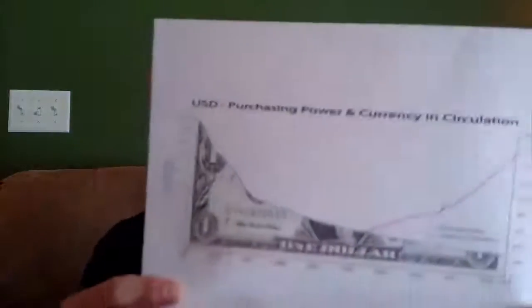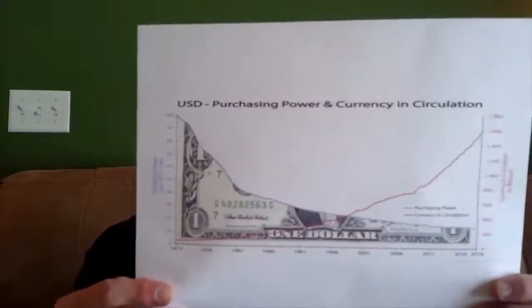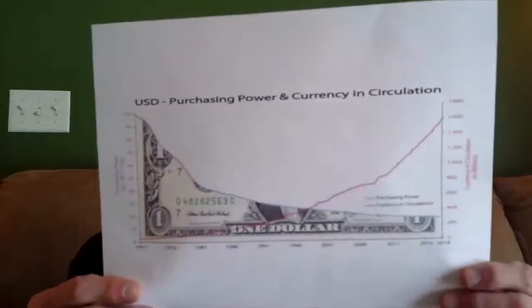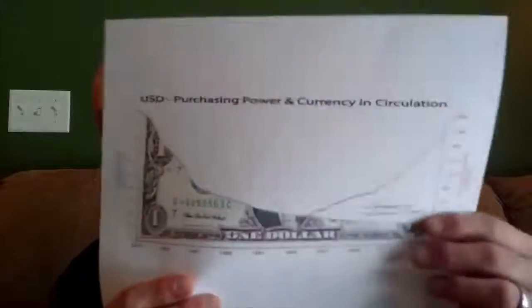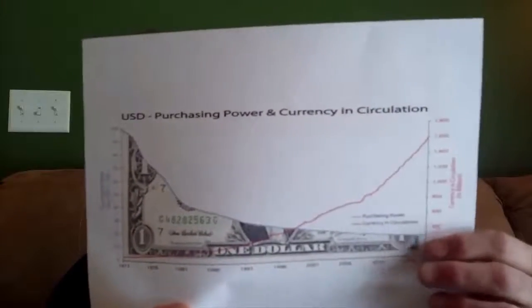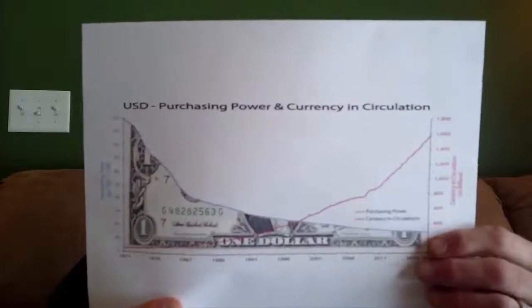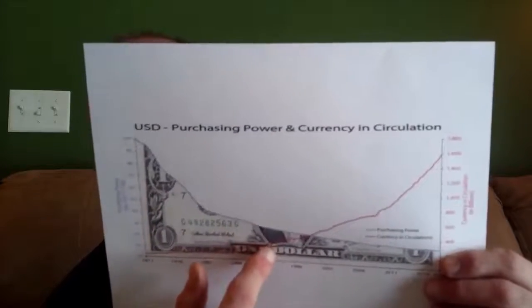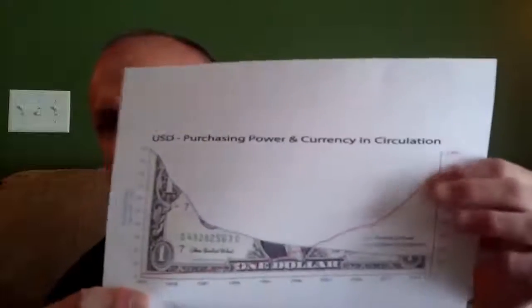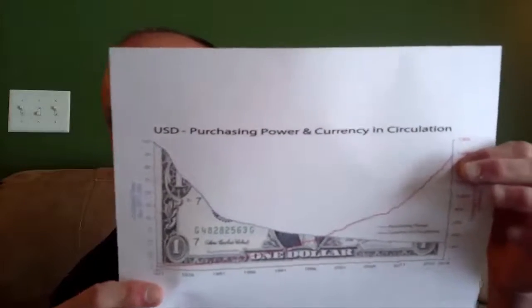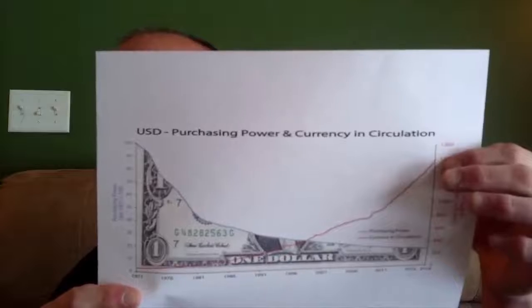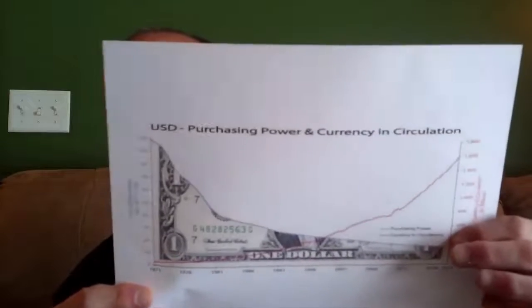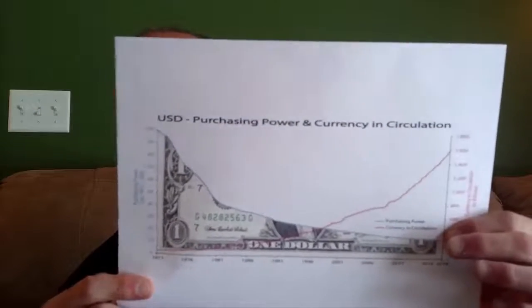As you can see, the dollar itself is worth less and less purchasing power than it had in 71. This red line is how much currency is circulating right now, and this is how little purchasing power the dollar has left. So, that was 71 to 2018.